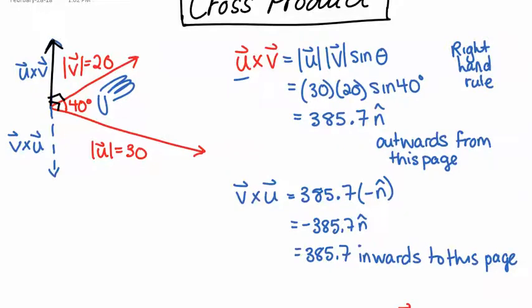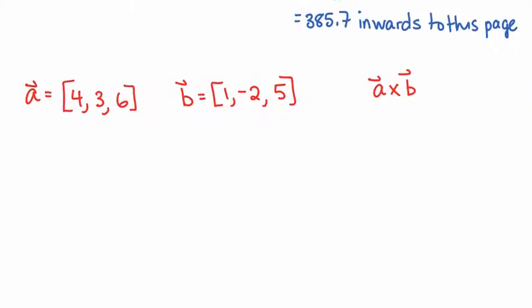Okay, so let's get a couple of algebraic vectors and calculate the cross product from them. There's a crazy formula that you can watch my video on where I proved it. An easy way to figure out the cross product is to do it in terms of our unit vectors, i hat, j hat, k hat.